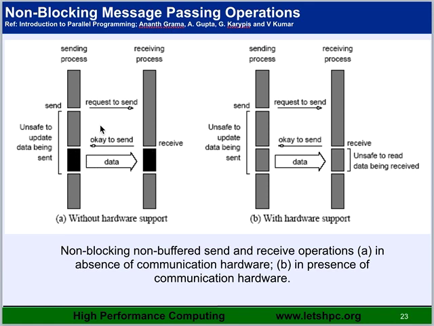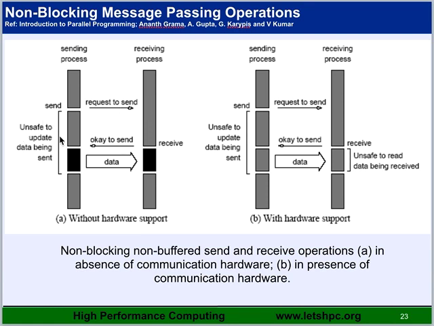But because it is non-blocking, it does not wait, and there is no buffer, no hardware support. So it basically resumes whatever it was supposed to do, and it just waits for the receiving process to respond to its request.